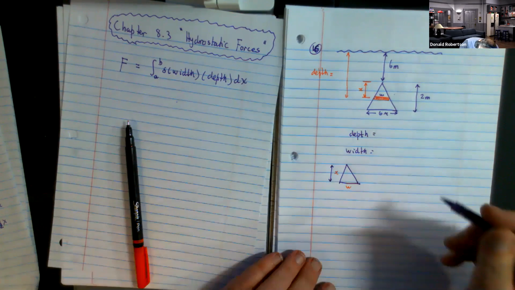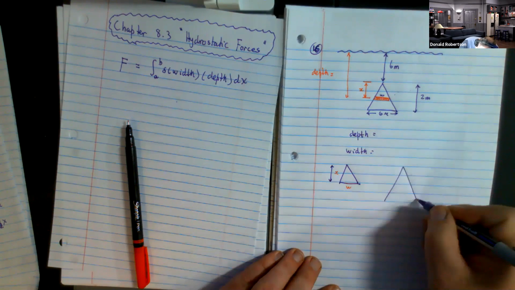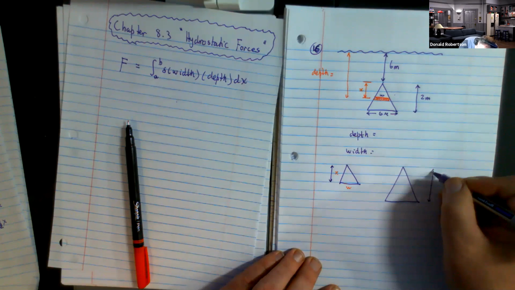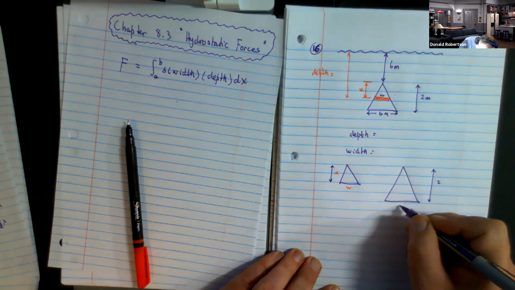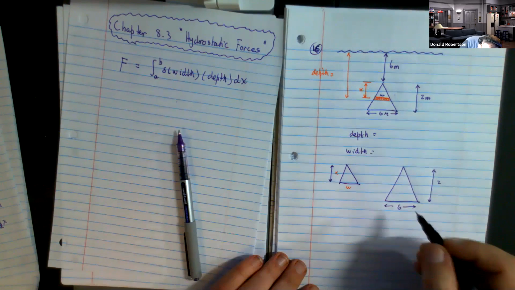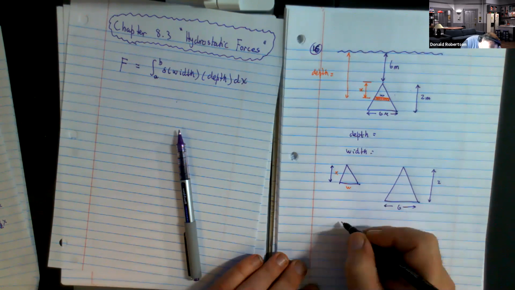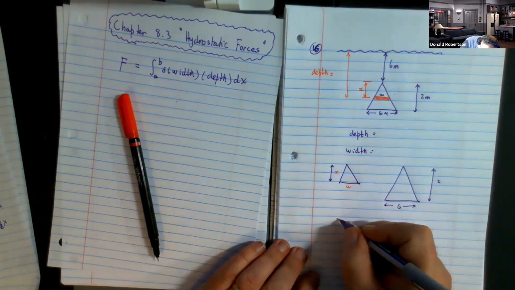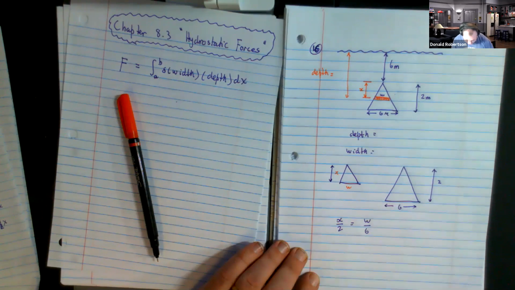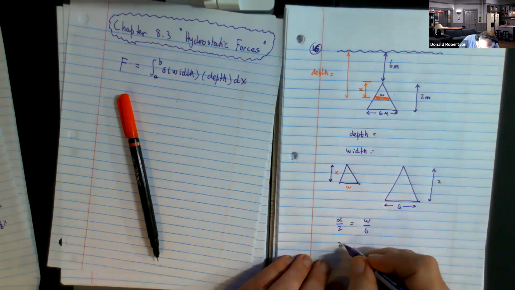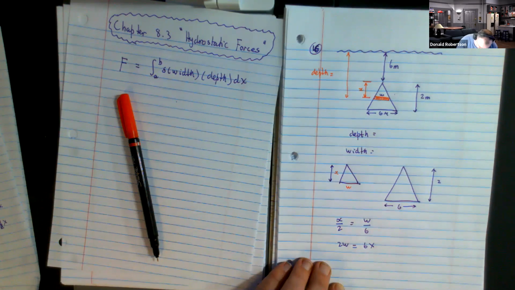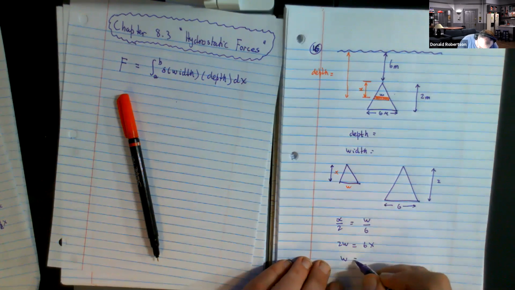And then I'd have the big, similar shaped triangle, and it would be using the numbers, even though it's not to scale, 2 and 6. So x over 2 is equal to w over 6. So 2w equals 6x. So that makes w 3x.